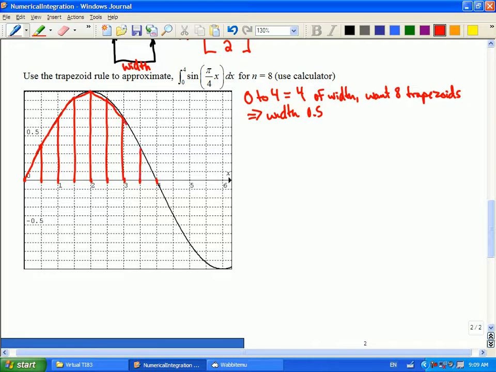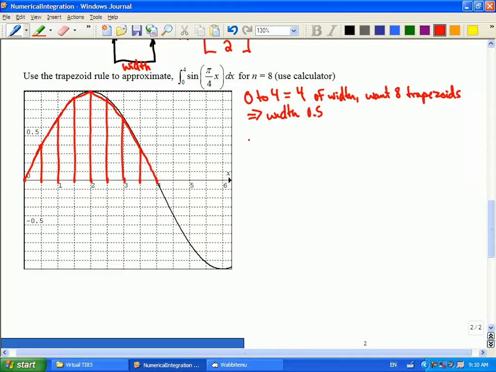So this is roughly what my picture would look like, and you're probably noticing right away that it looks much more accurate, just because we're not picking one of the points, we're sort of going alongside it with a line. So this is going to be a pretty good approximation with 8 trapezoids. It is going to be a little tedious to do this by hand. We'll talk about strategies in a minute. But let's gather up the areas.